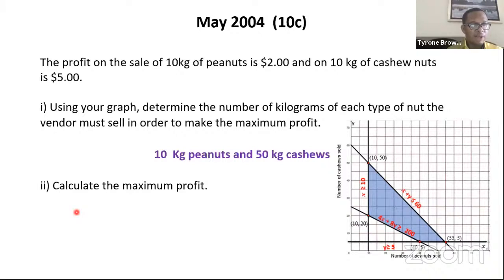Okay, Camelia is saying 50 multiplied by 5 and 10 multiplied by 2.